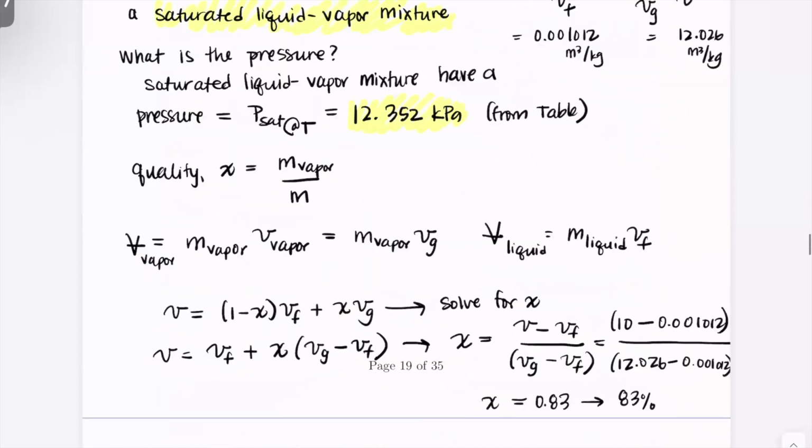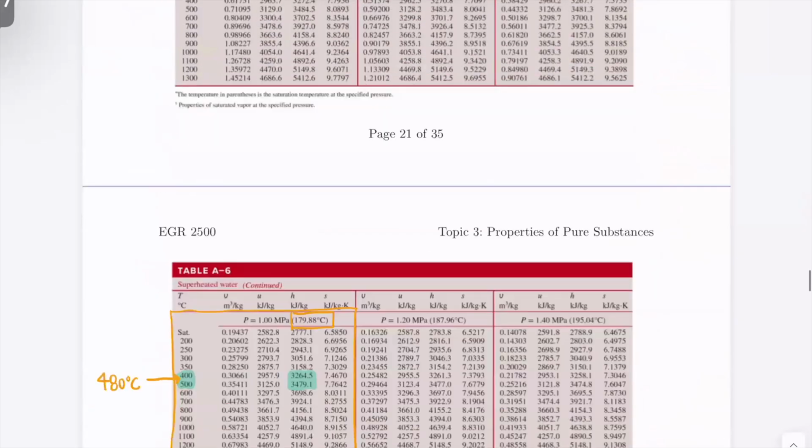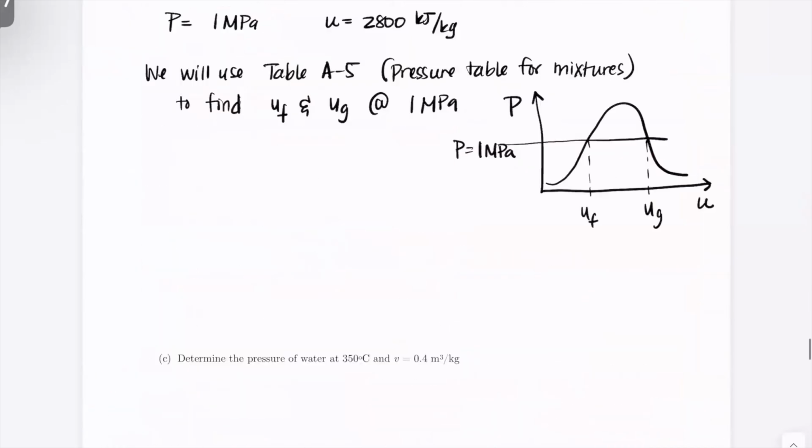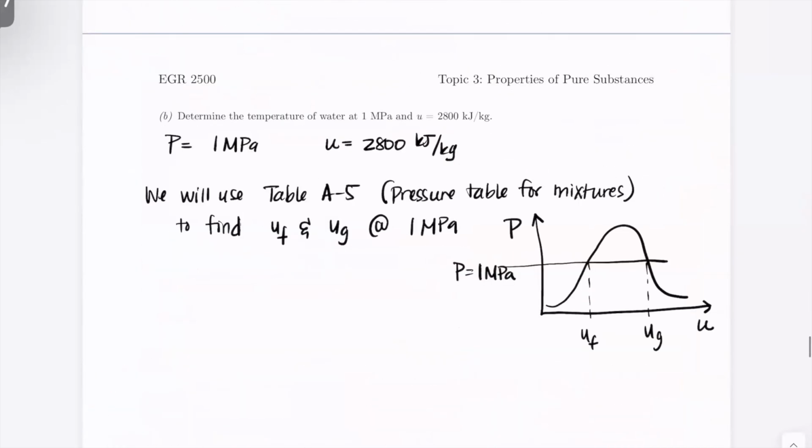So let's write that down. Okay, so we have that UF is 761.39 kilojoules per kilogram, and then UG is 2582.8 kilojoules per kilogram. So where are we at on this PU diagram?